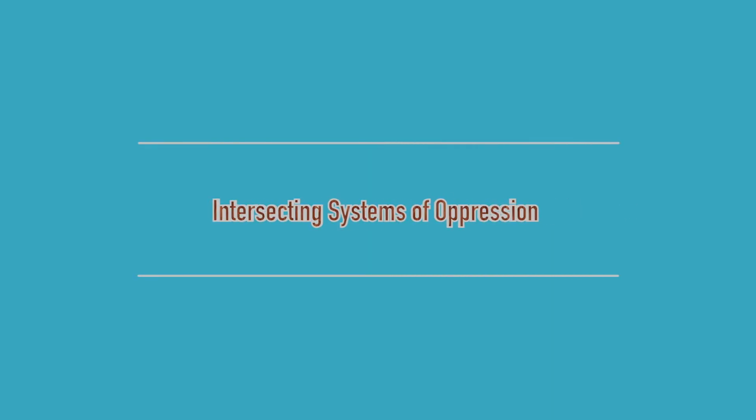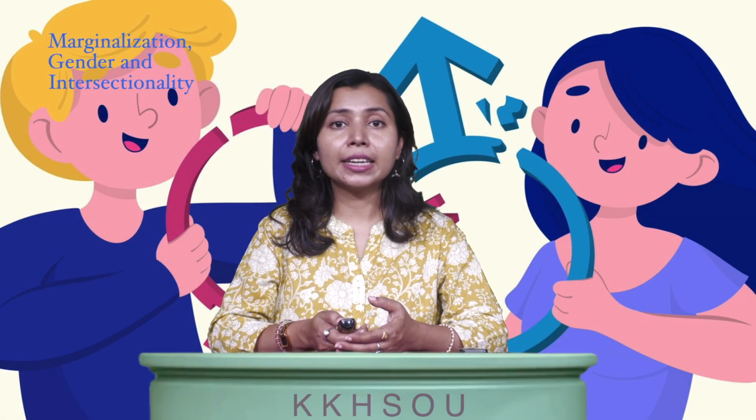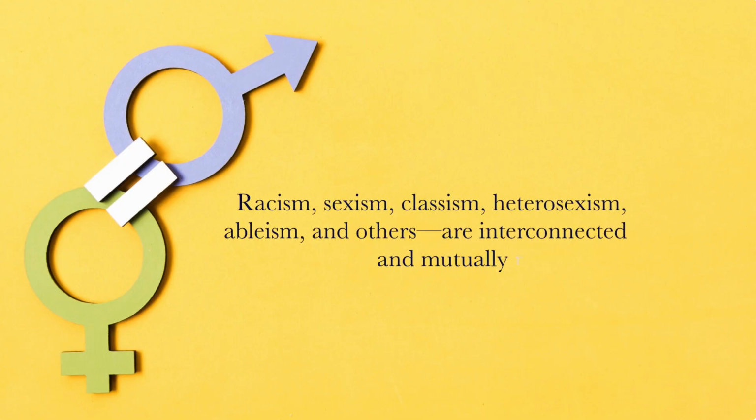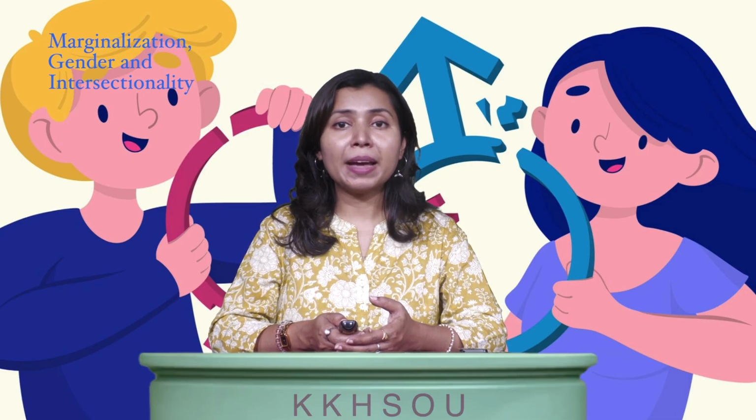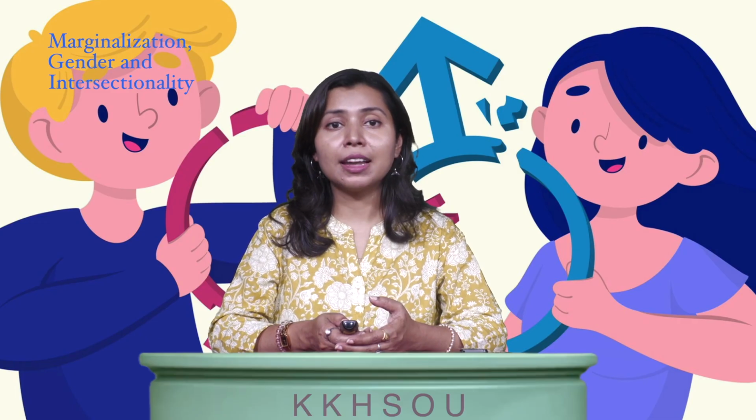Intersecting systems of oppression. Intersectionality recognizes that systems of oppression such as racism, sexism, classism, heterosexism, ableism, and others are interconnected and mutually reinforcing. These systems work together to create complex patterns of advantage and disadvantage.